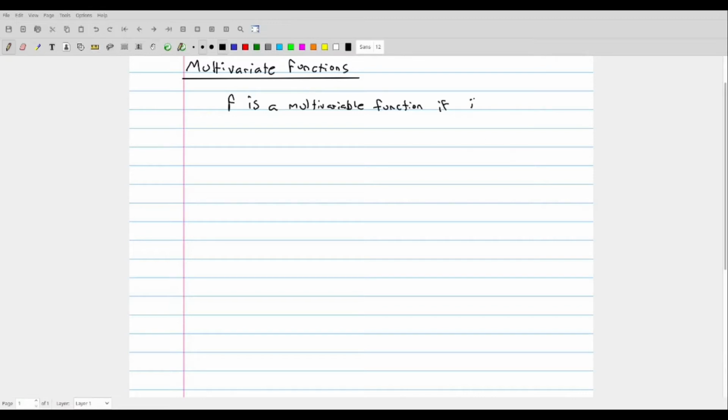if it maps points in n-dimensional space to points in m-dimensional space.